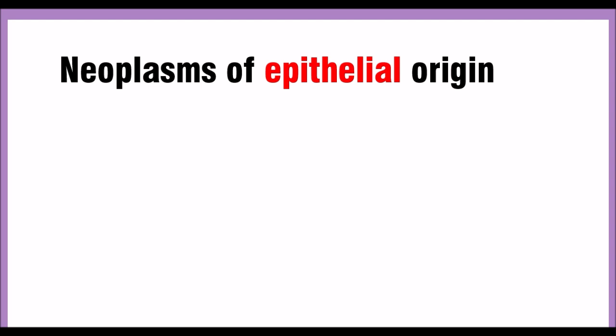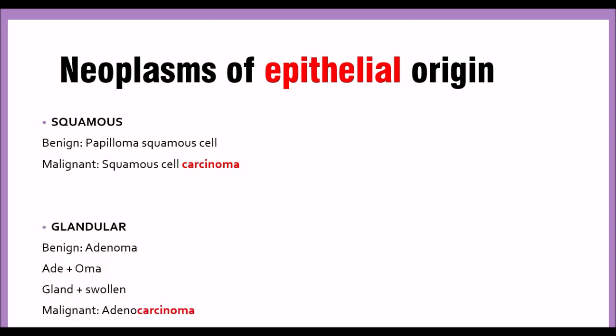So if we now look even deeper into the neoplasm of the epithelial origin, there are two classes. We can have squamous epithelial malignant neoplasm, and we can have glandular malignant epithelial neoplasm.